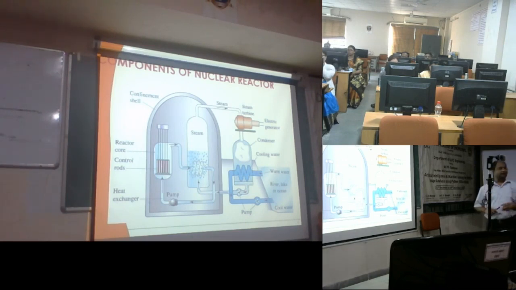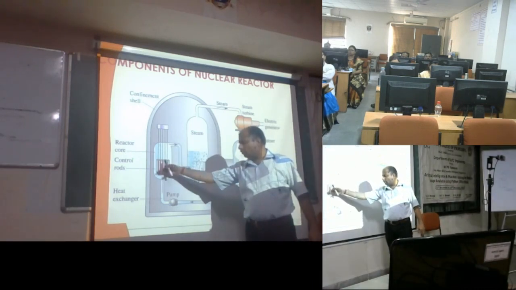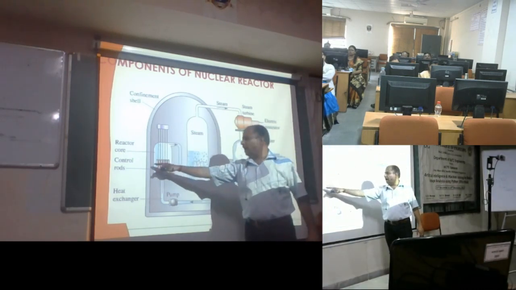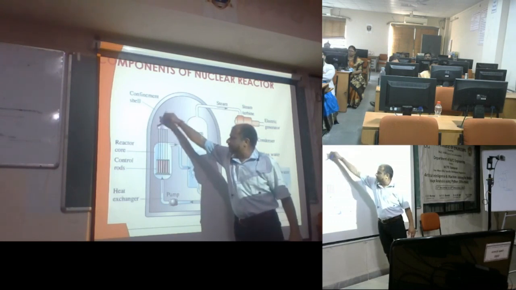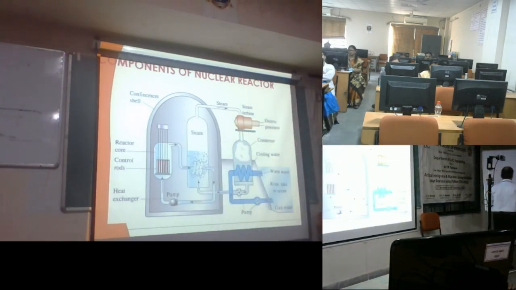For example, if I need to control only a little neutron, I will not insert the control rod fully, I can immerse it only half. This metallic string will be pulling down the rod. So maybe one rod is fully immersed, one is half immersed, and one is immersed this much.